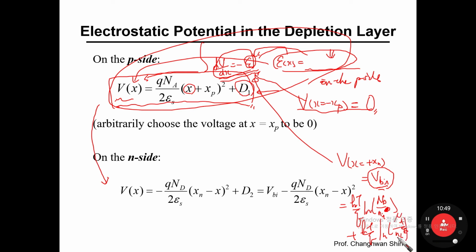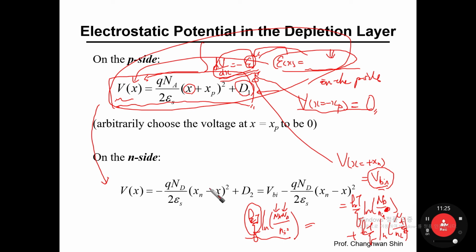So in the end, the built-in potential is defined as kT over q ln of Na Nd over Ni squared. So once you know the doping concentration on the p side and n side, since Ni is the intrinsic carrier concentration for silicon, that is 10 to the 10 per cubic centimeter at room temperature, and kT over q is 26 millivolts, you can simply estimate the built-in potential value once you know those doping concentration values.